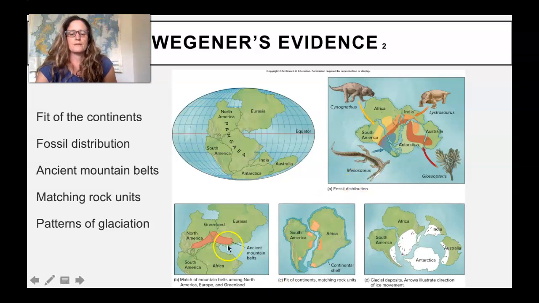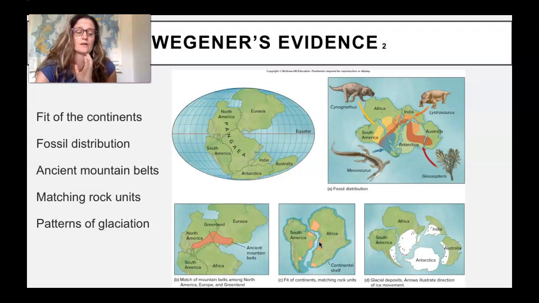There also are mountain belts that have similar age. They can do isotopic dating and match mountain belts across. Here's North America, Europe, and Greenland. So there's fossil evidence, and then mountain belts, and then there are different rock units that are unique on the coastlines of South America and Africa, and they have the same ages and similar composition.